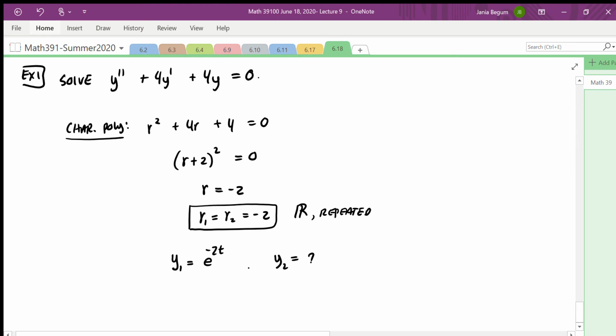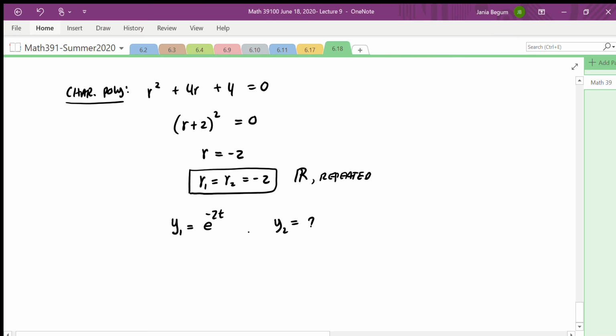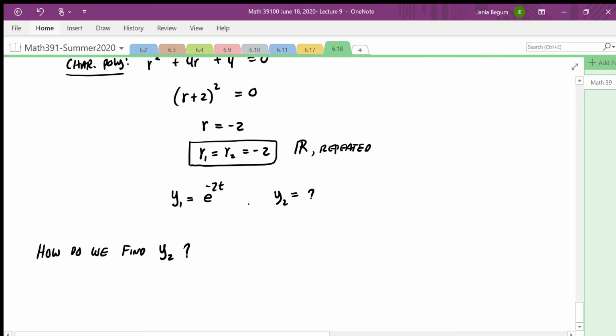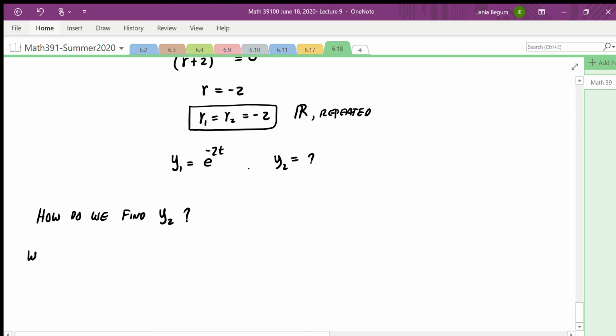Okay, so let's get to the illustration, and then I'll give you what is this second magical solution. Okay, so how do we find y2? That's the question. Well, we will use the d'Alembert's method.